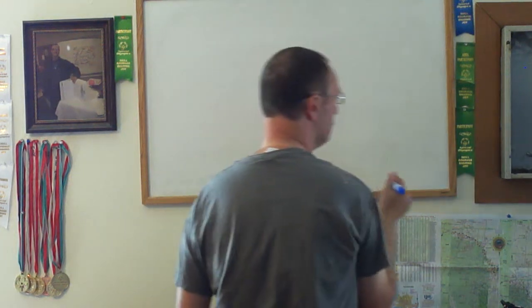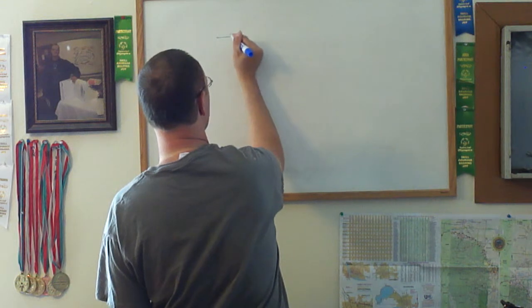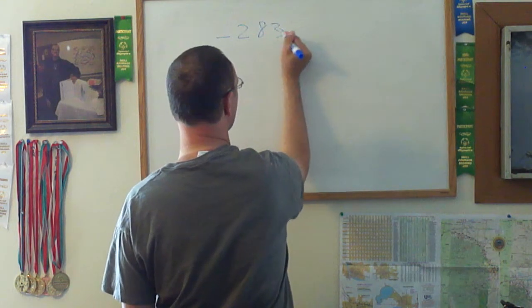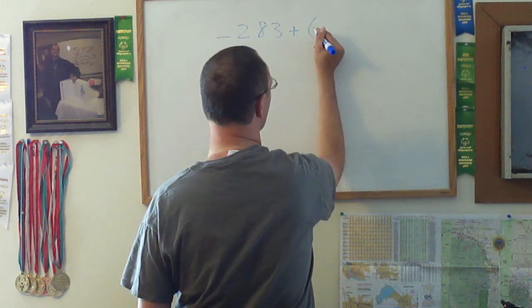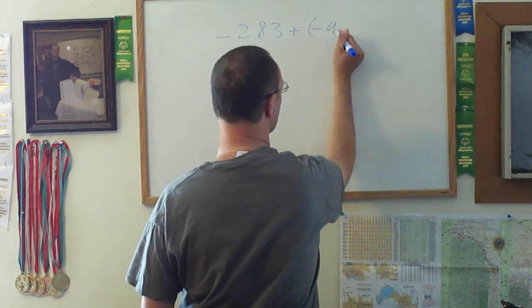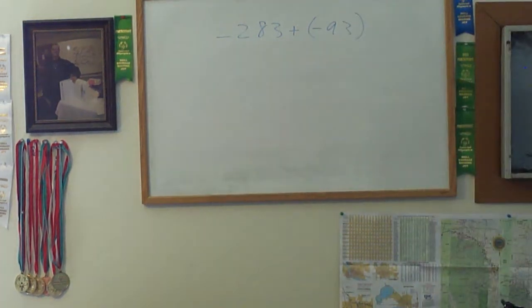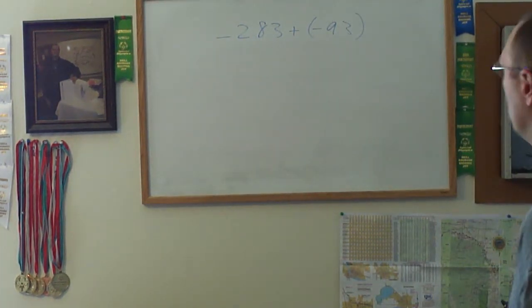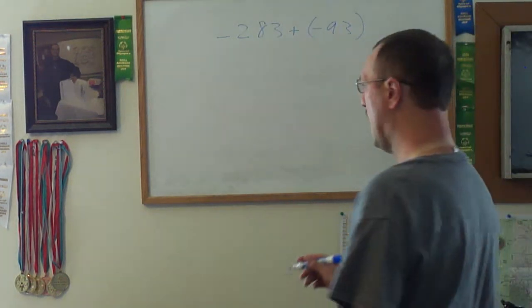Now let's go with a bigger one. Negative 283 plus negative 93. They're both negative, so you add them both.